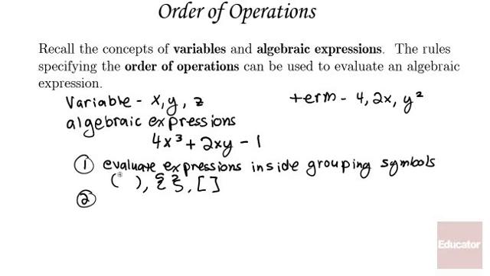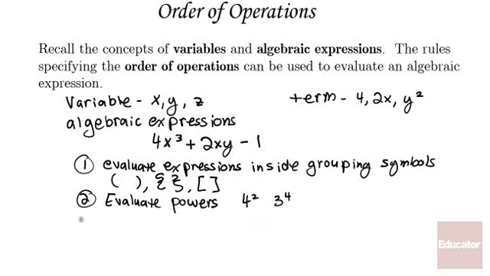The next thing when you're evaluating an algebraic expression is to evaluate powers. So if a term is raised to a power, such as 4 squared or 3 to the 4th, you need to evaluate that first.